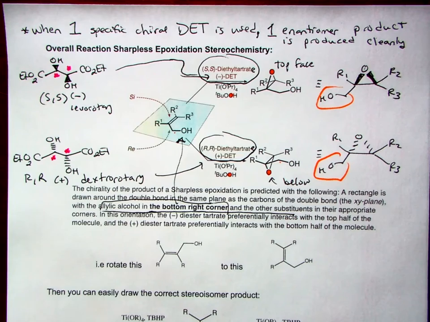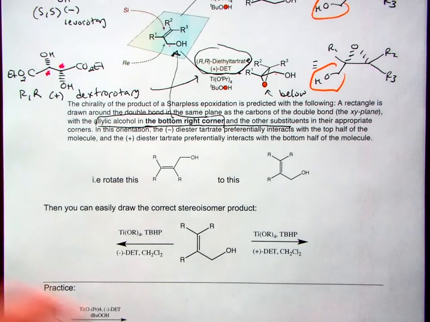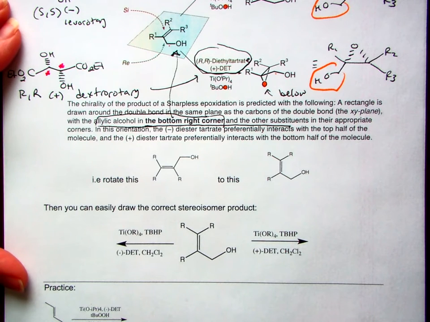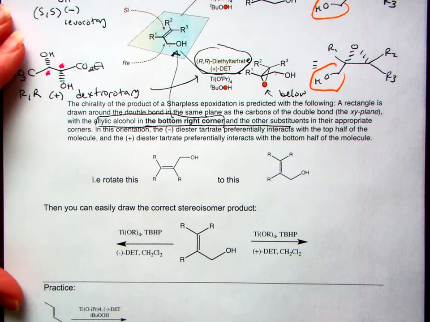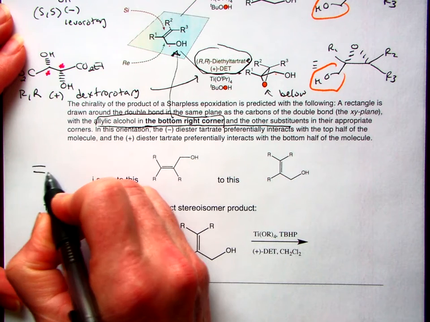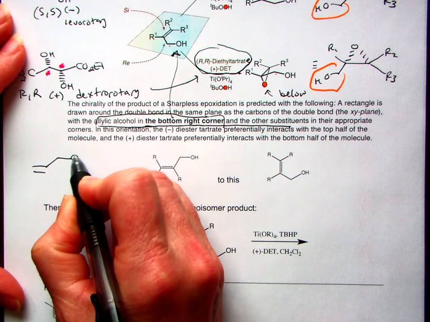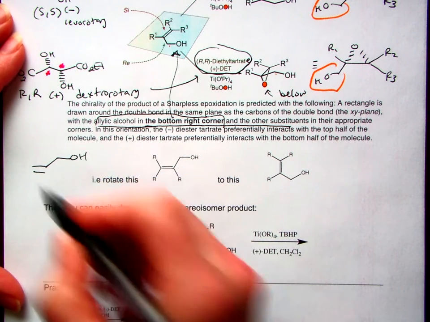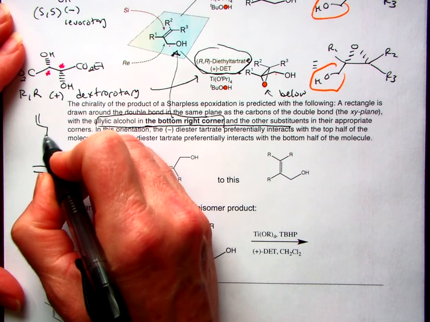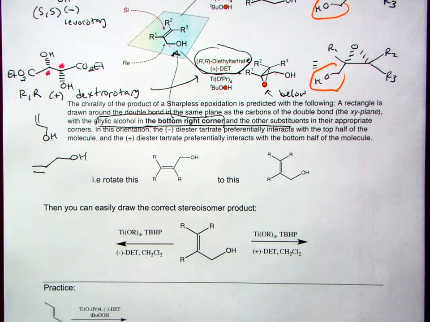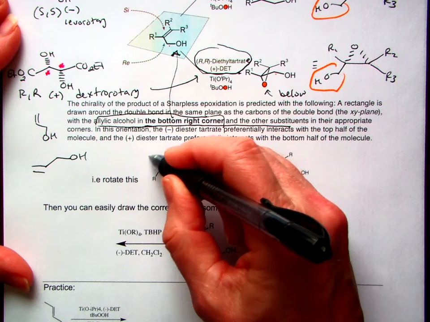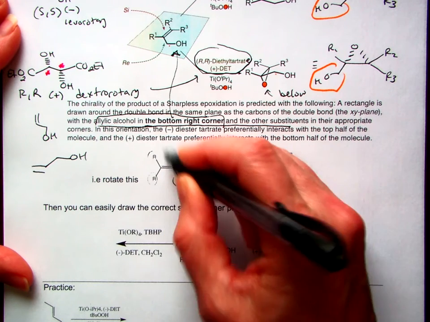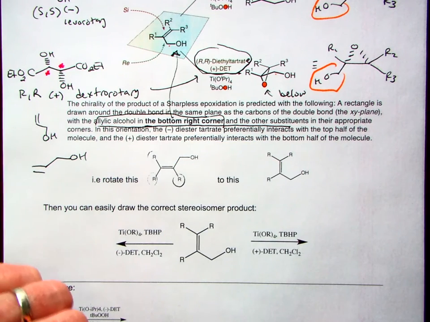All right, so let's talk about that rotation and what you have to do. Then we have some practice ones on the bottom of the page that you can try out whenever you think you've got it mastered. We're talking about allylic alcohols that could be drawn for you like so, or squiggled up and down, however they're given to you, and whatever other substituents they might have on them: none, or methyls, ethyls, what have you.